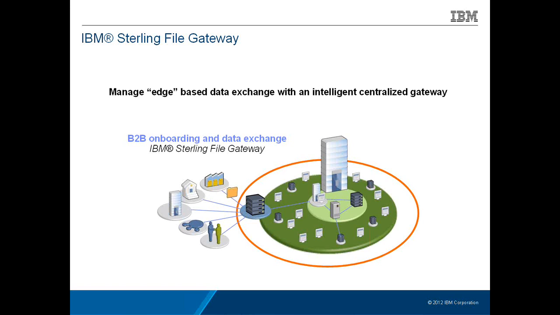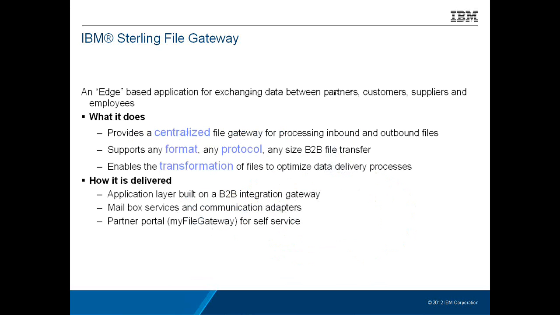File Gateway gives administrators a lot of capabilities and rights to either integrate with their existing directory servers within an enterprise, or it could also have external users rolled in and onboarded to the system so that an external user could simply log into My File Gateway and send a file to an enterprise user sitting inside an enterprise. Sterling File Gateway is completely centralized.